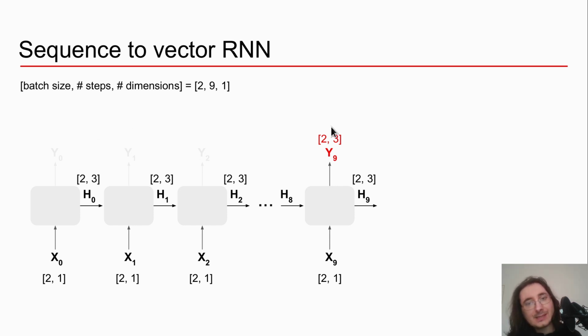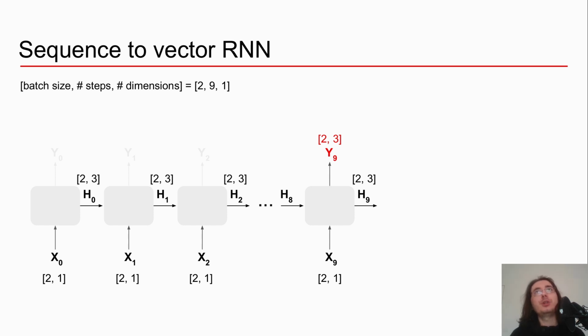So basically here we are just waiting for this y9 value in a 9-step sequence, and we drop all of the other predictions before, so y0, y1, y2, we drop all of them, and we are only focused on the last bit that gets predicted. And this is quite usual.